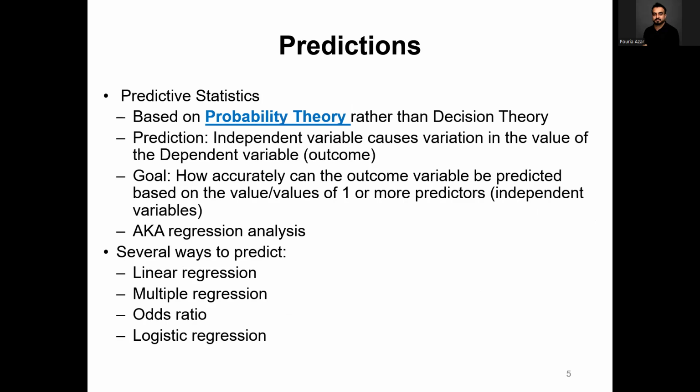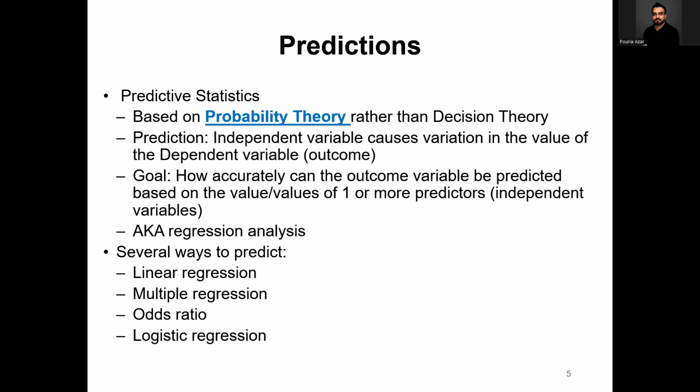Regression analysis is based on predictive statistics. And when we say prediction, just like other statistical procedures, we have two main types of variables when we are trying to predict one variable from another variable. We have an independent variable or multiple independent variables and just one dependent variable.